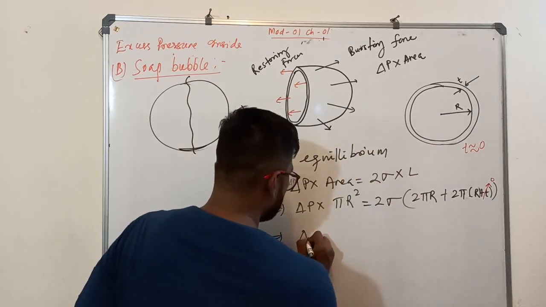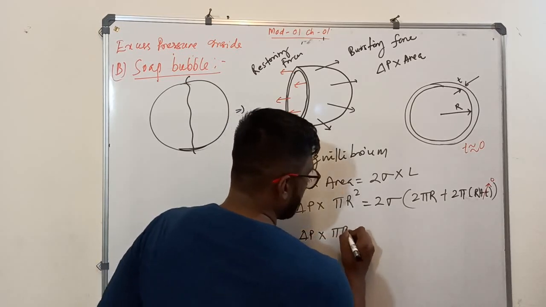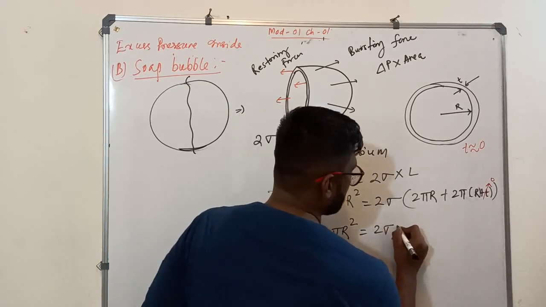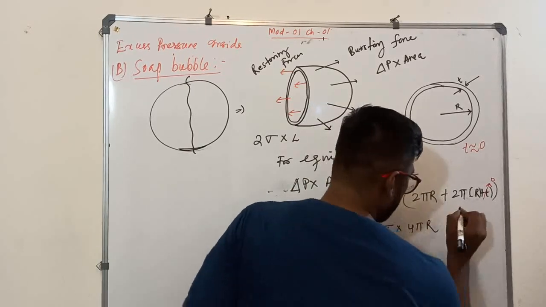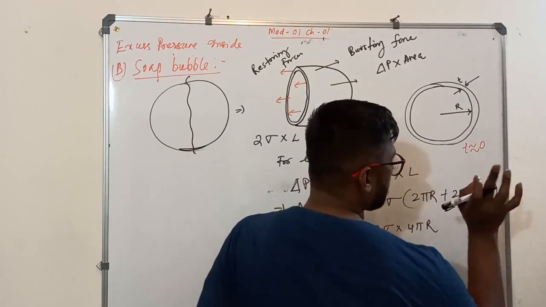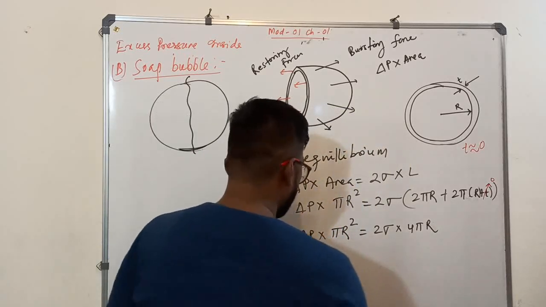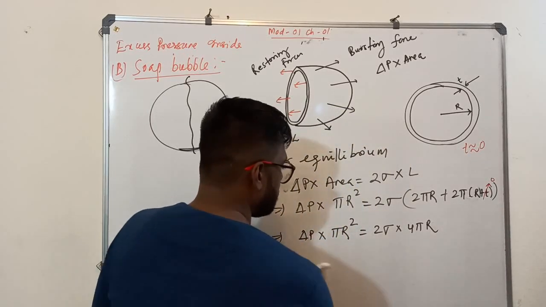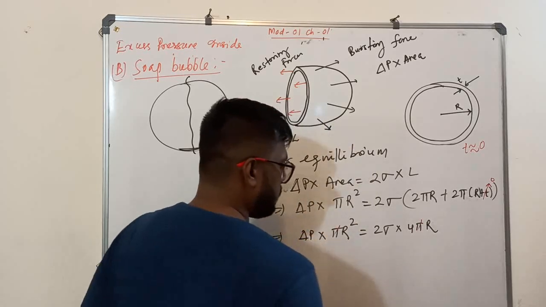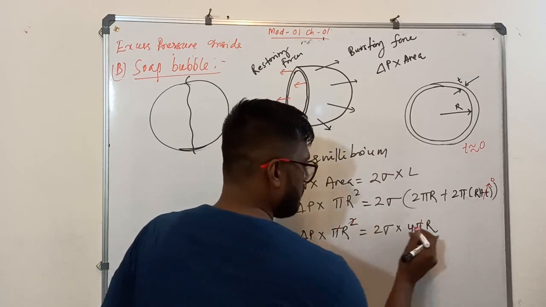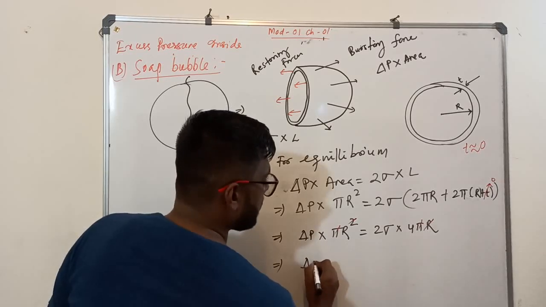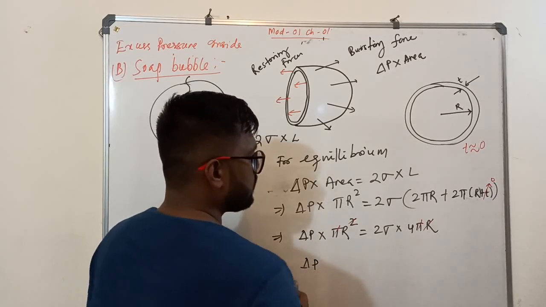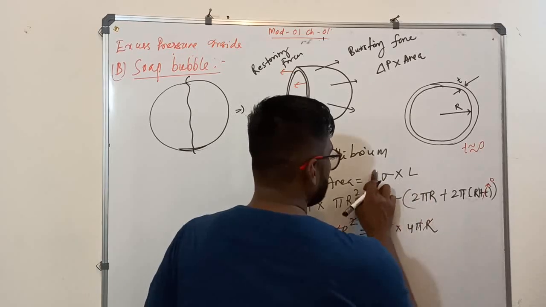So delta P into pi r square is equal to 2 sigma into 4 pi r, that is 2 pi r plus 2 pi r. Pi cancels, r cancels. Wait, if I am writing 2L here, sigma won't come.